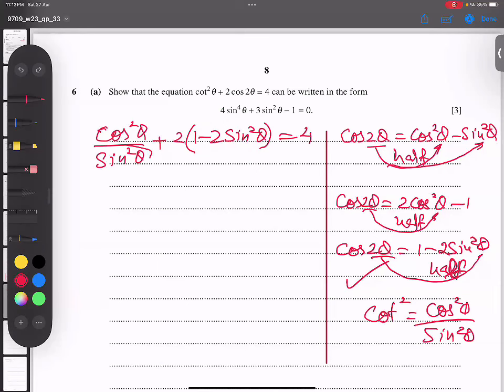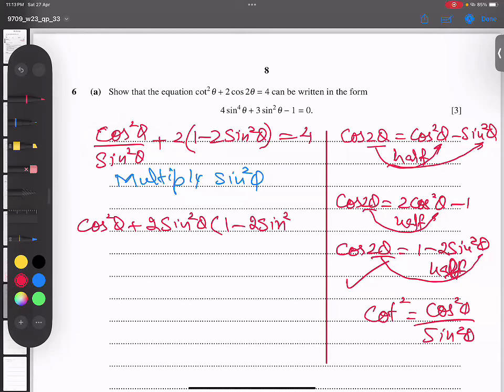Now student, what is the technique further? So the LCM is sine squared, I multiply the whole equation with sine squared. When I multiply sine squared with this fraction, sine squared cancels out, I will get cos squared theta. When sine squared multiplies with that outside, I can show the examiner like this: in the bracket 1 minus 2 sine squared theta, and it is equal to 4.